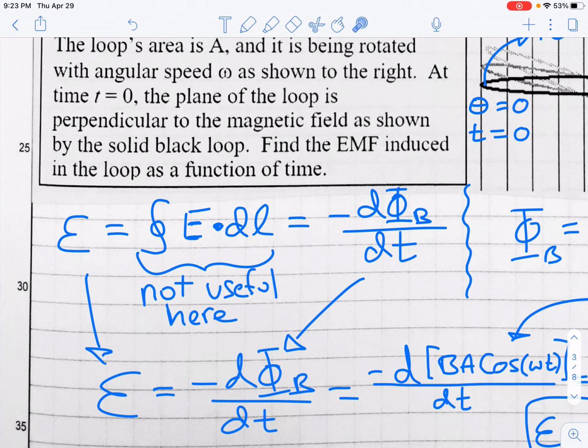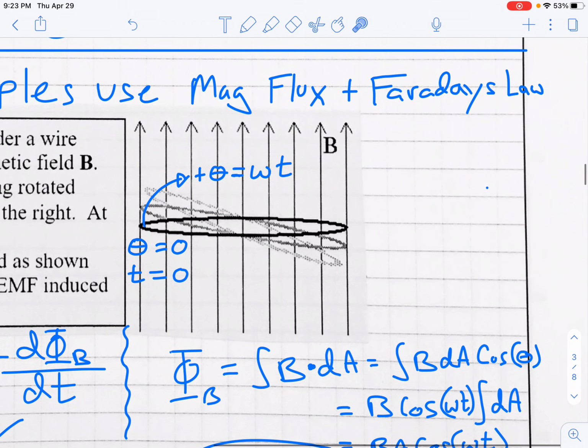What is the flux? Well, flux was the integral of the magnetic field times the area. And of course, this is a dot product, so it's going to be cosine theta. I'll add in my vector signs there. So B dA cosine theta. Now, B is constant, it comes out.